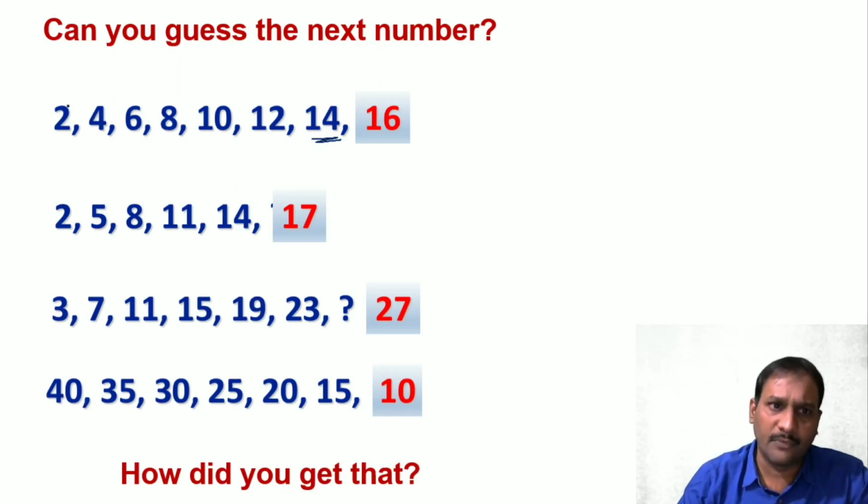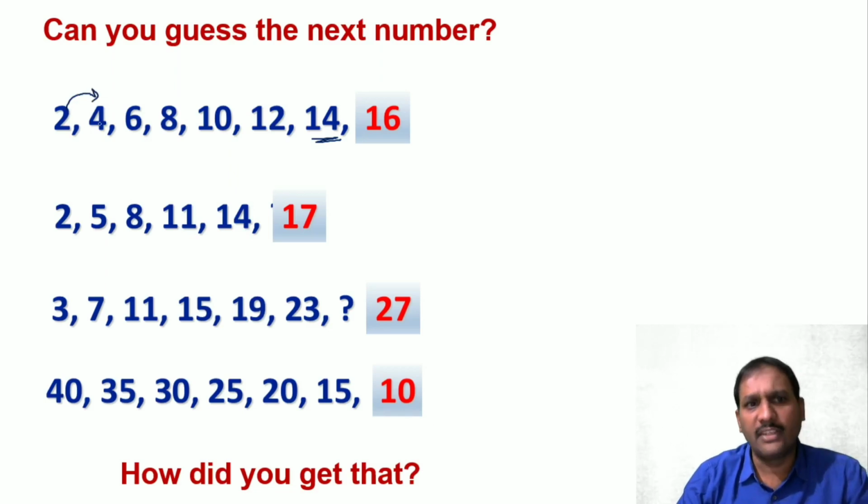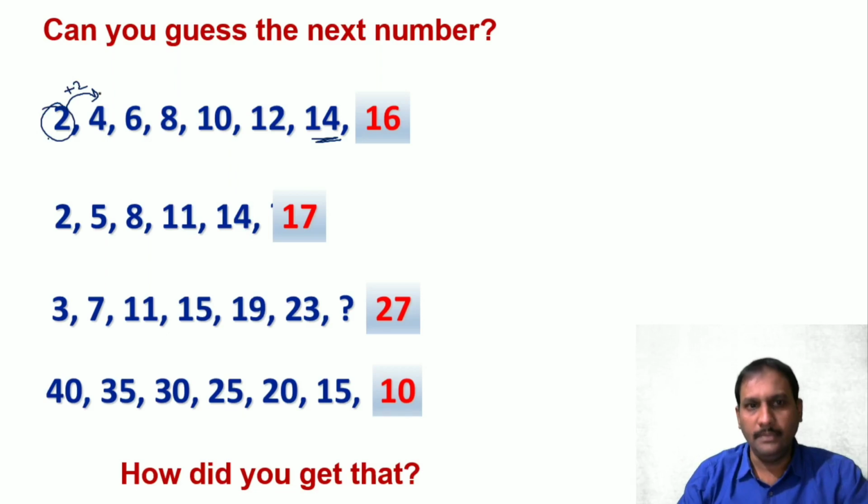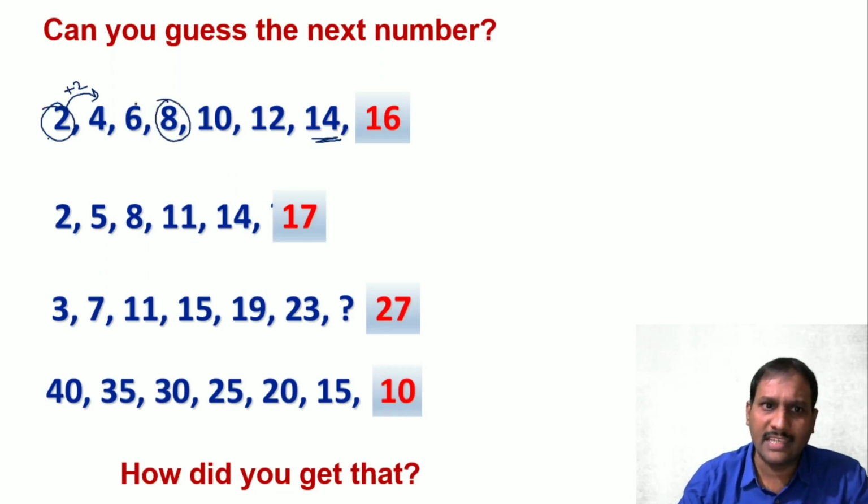If you take the first sequence, how did you get this 4? By adding 2 to this 2. How did you get this 8? By adding 2 to its previous number. How did you get this 14? By adding 2 to its previous number 12.